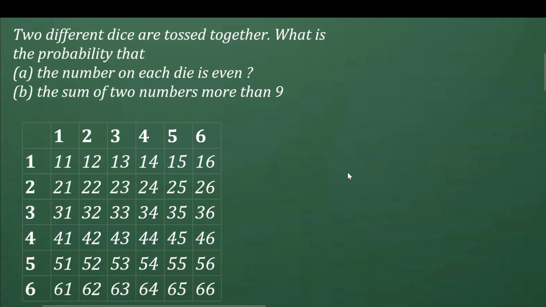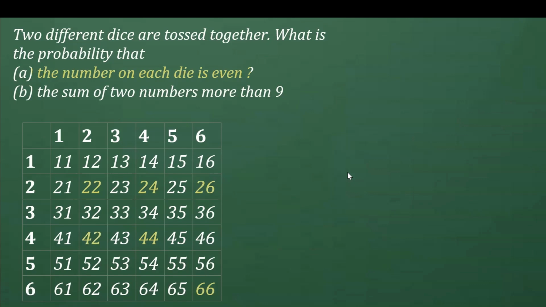Now the first question here is the number on each die is even. Both dice should be even, right? Each die even, so it can be 2 2, 4 4, 6 6. Okay, fine, so it could be 2 4, 2 6 also.